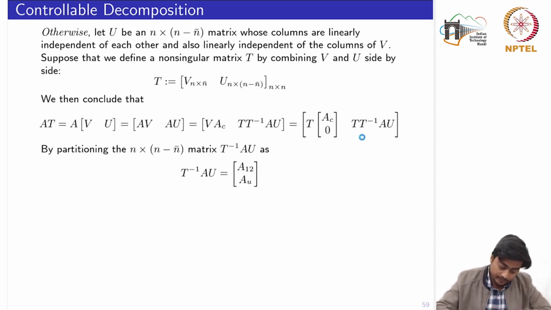So moving forward, this part T inverse AU, I can partition as A12 and AU, arranged in a column.